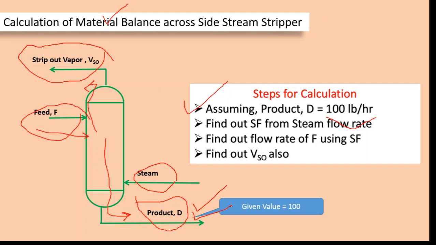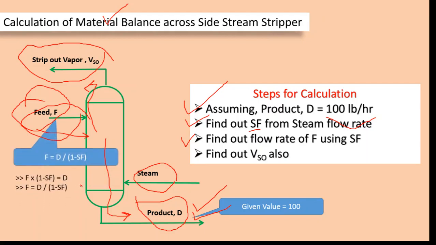It can be heavy naphtha, heavy distillate, or light distillate. Then find the SF, the strip-out factor, from the steam flow rate. How can we find it? With the help of the graph. Next, we find the flow rate of F with the help of the definitions we have discussed, and then find the VSO by subtraction.